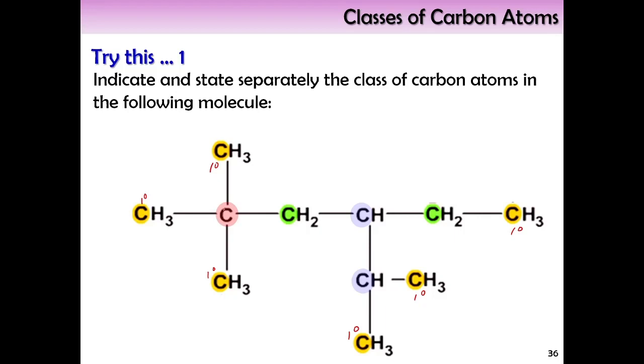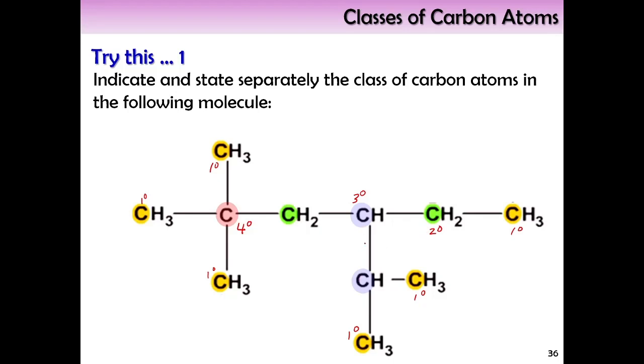This one attached to 1, 2, 3, 4. So that one will be quaternary. This one attached to 1, 2, 3 carbon and 1 H. So this one is tertiary. This one attached to 2 carbon and 2 hydrogen. So this one is secondary.